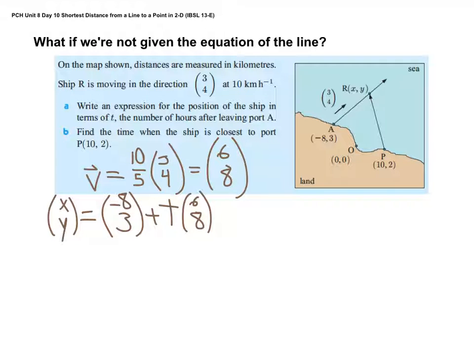So now part B is exactly the same thing that we already did. What if we're not given the equation of the line? Well, find it. But be careful about the velocity. If it's a case like this where you're told what the speed needs to be, convert that direction vector to a velocity vector.